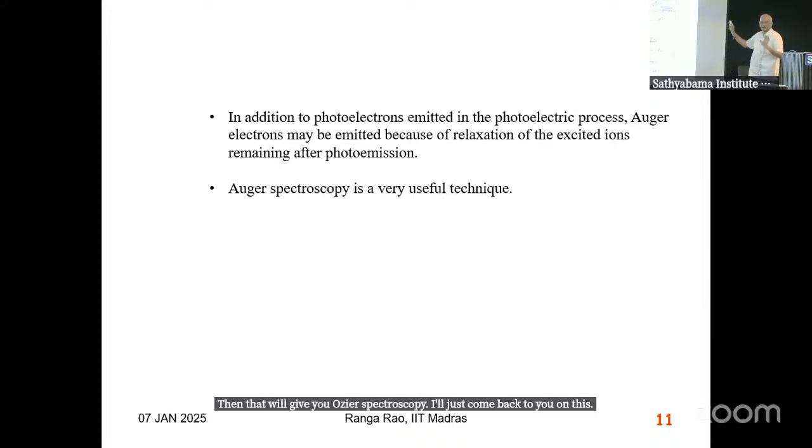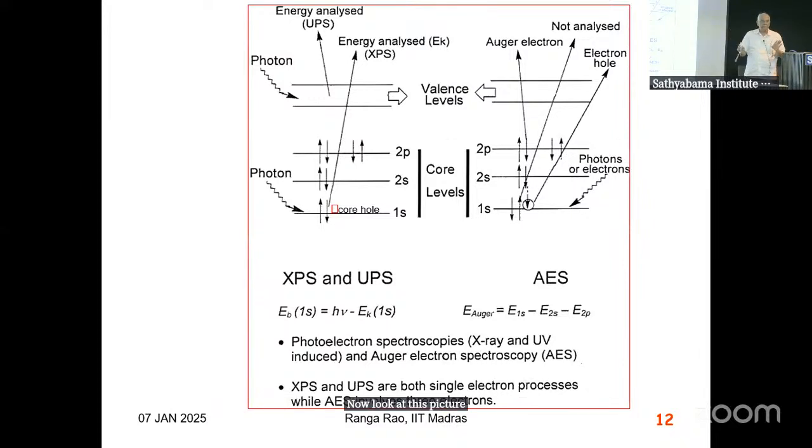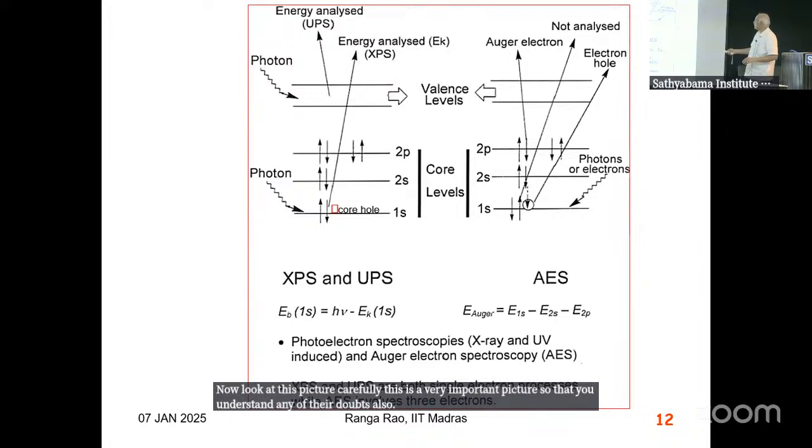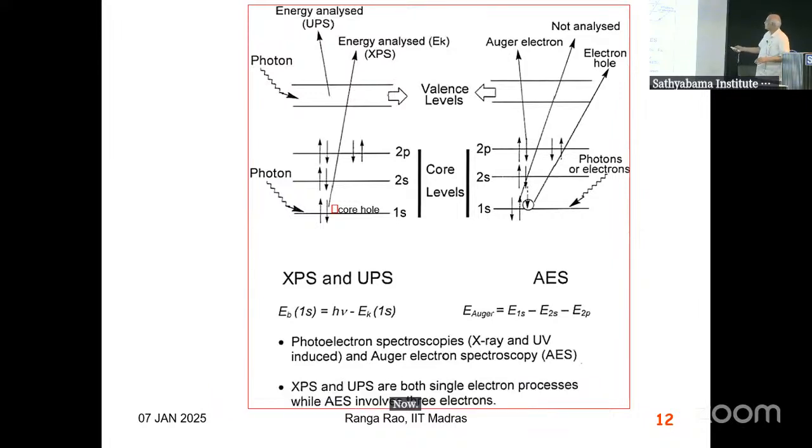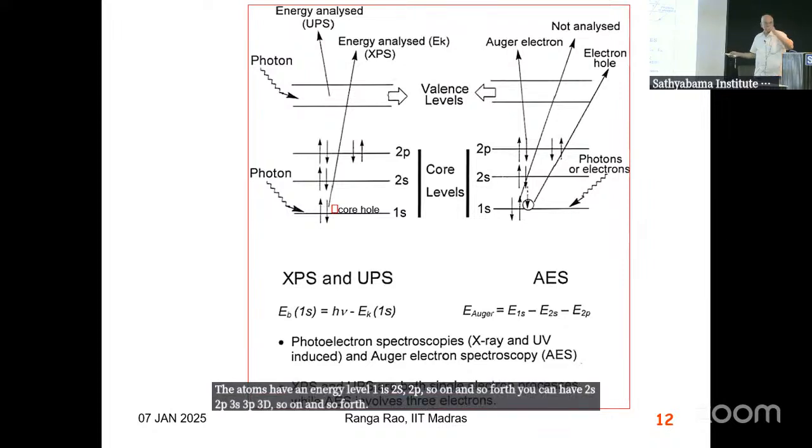Now look at this picture carefully. This is a very important picture, so that you understand any of the doubts also. Now I have a solid where I have atoms, right? The atoms have energy levels, 1s, 2s, 2p, 3s, 3p, 3d, so on and so forth. Okay.